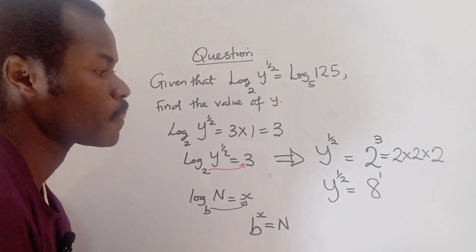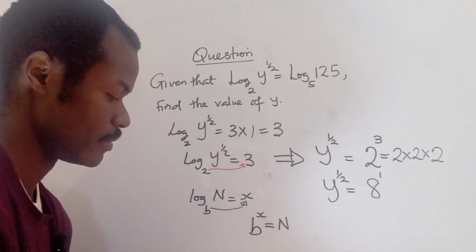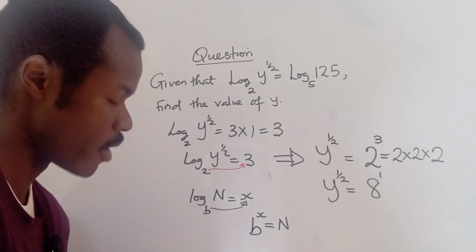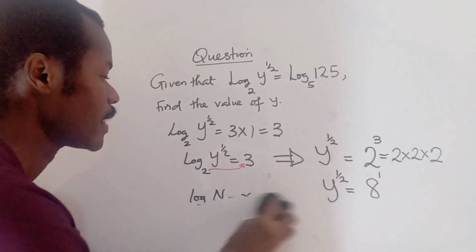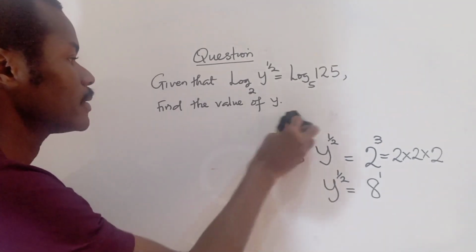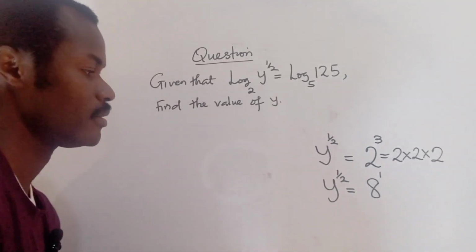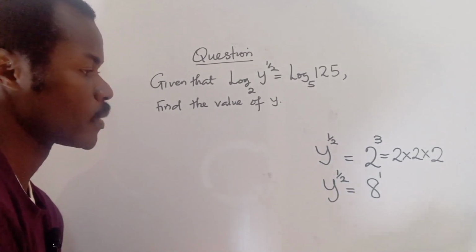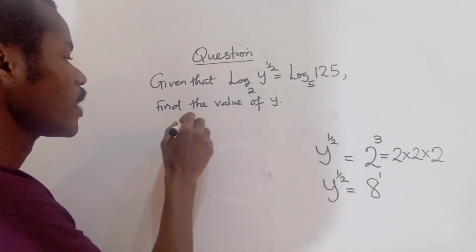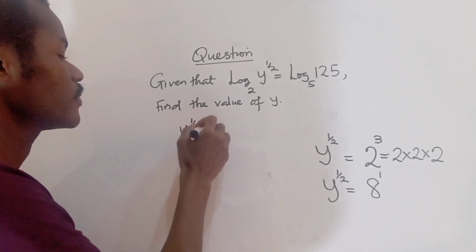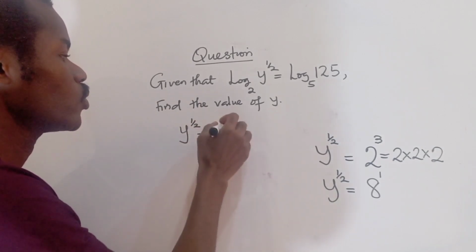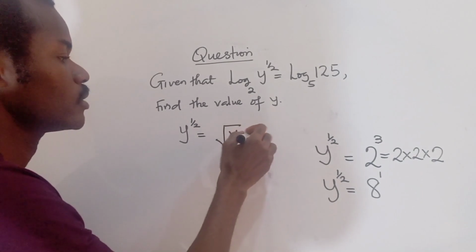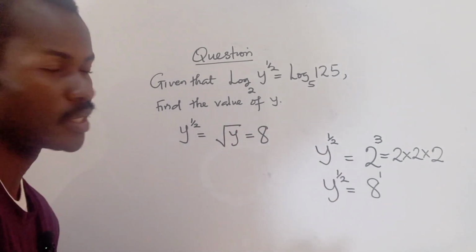Now, how do we remove this half as the power there? There are two ways we can remove that. One way is, remember, y to the power of half also means square root of y, which is equal to 8.